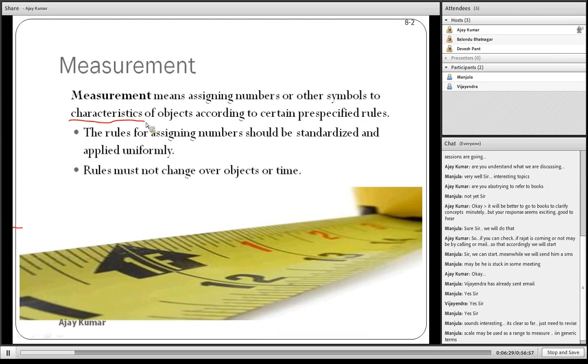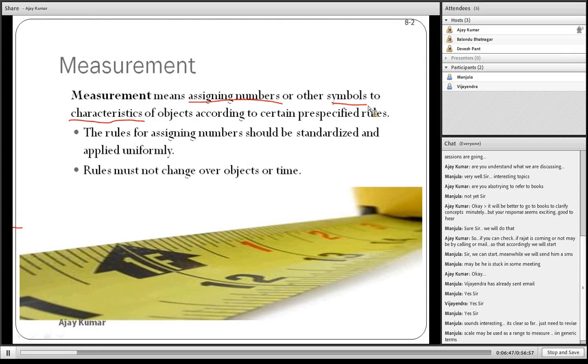If I have to rate him from 1 to 10, then I will be doing nothing but assigning a number. I will be assigning either 1, 2, 3 or 4 or whatever, or maybe I may also assign a symbol to it.